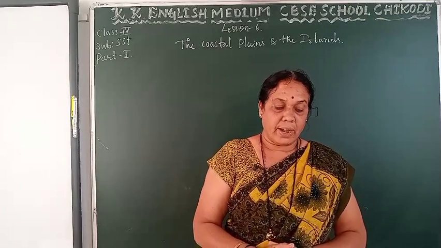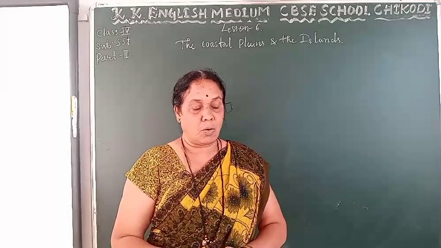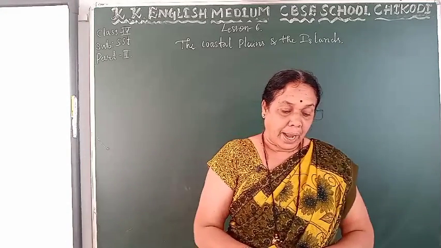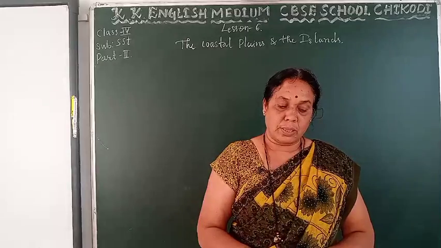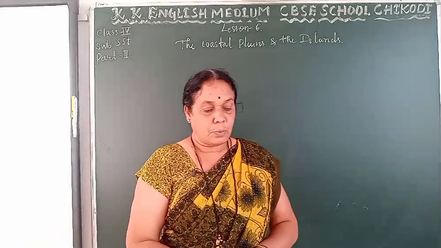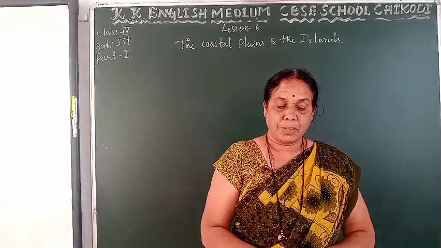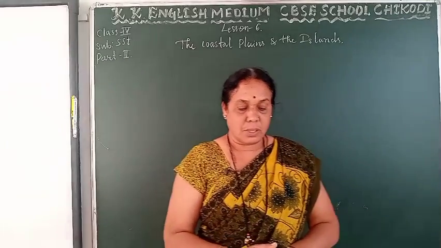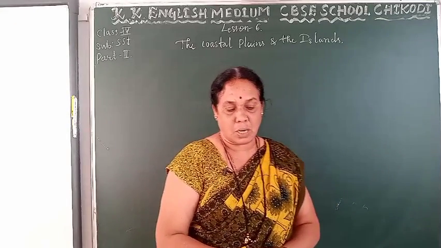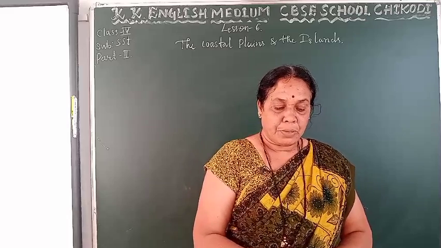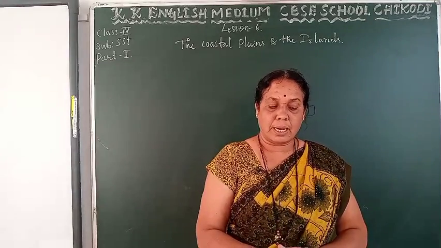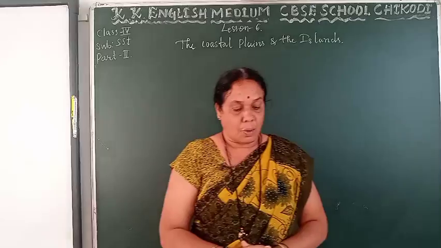These plains are divided into two parts, that is the Northern Circars and the Coromandel coast. The Northern Circars are to the north and the Coromandel coast to the south.